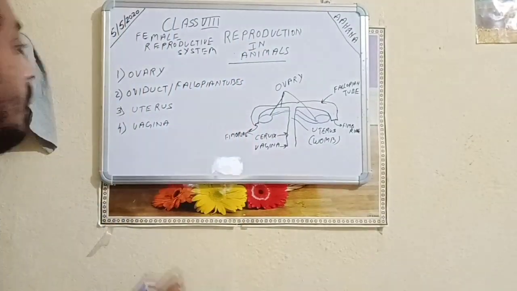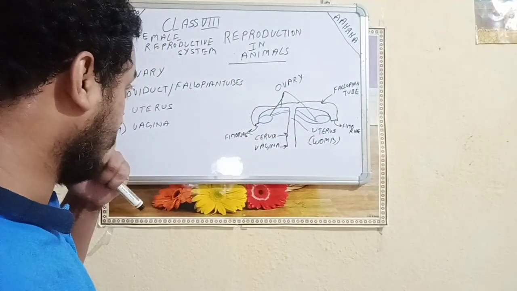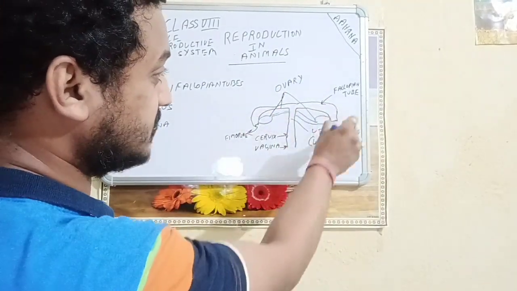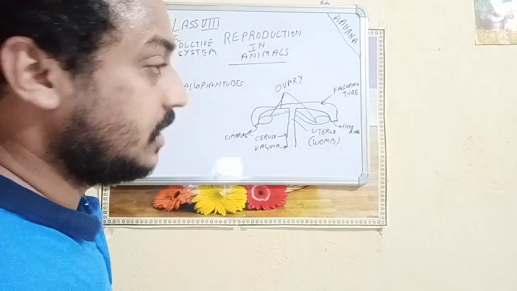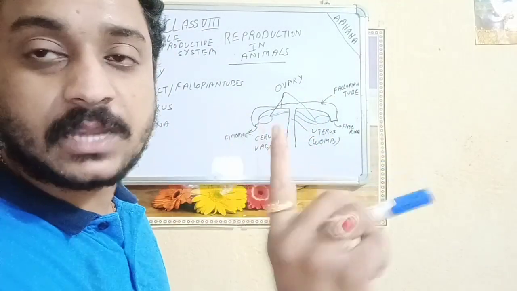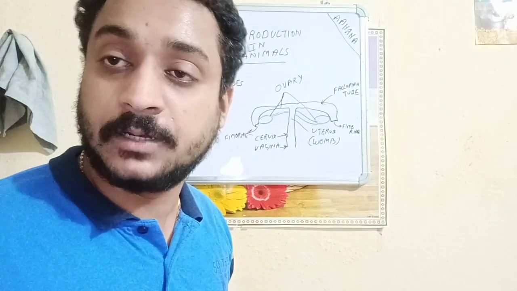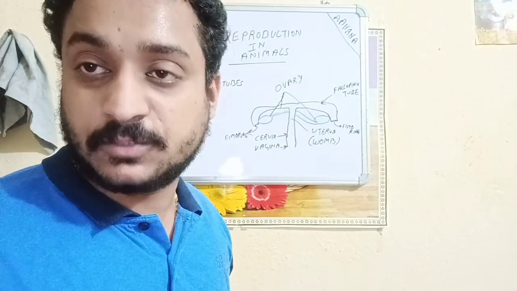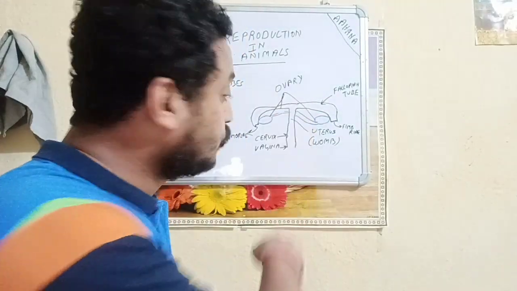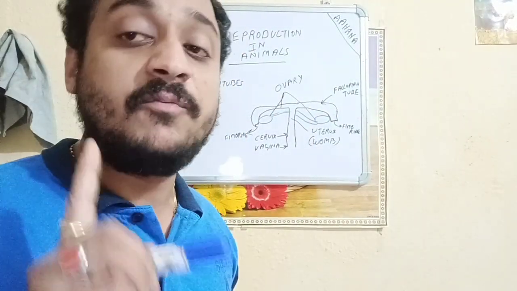Now, the fallopian tube is a tube-like structure, as we can all see. It will hold the egg for some time, and there the egg will be waiting for the sperm. If the sperm does not come, the egg will degenerate and pass out through the vagina in the form of the menstrual cycle.